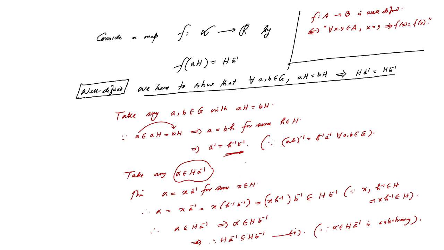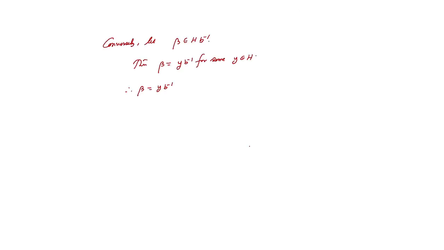From that we can write b inverse equals h inverse b inverse. Since a inverse equals h inverse b inverse, that implies b inverse equals ha inverse. So that we can write y b inverse as y h a inverse. Why this is the argument.